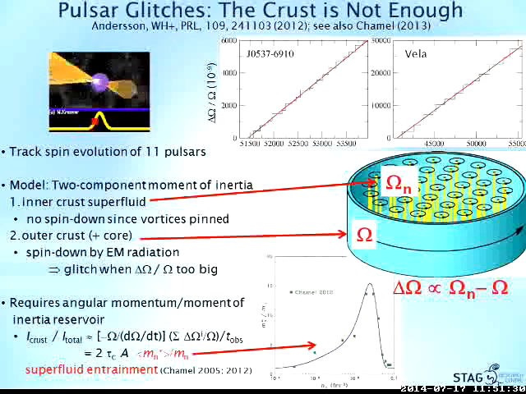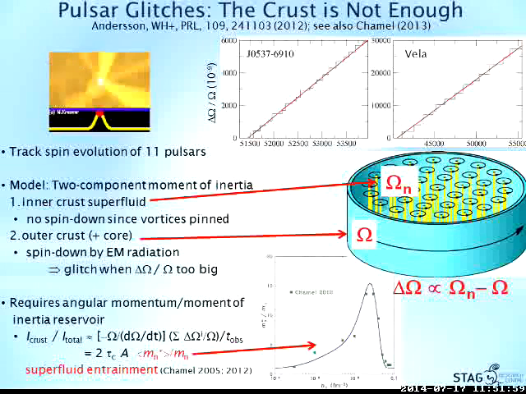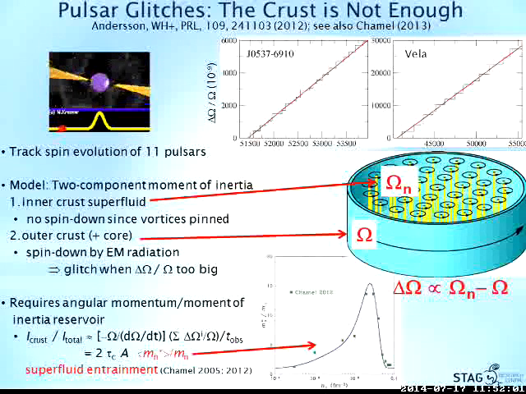The model that explains this provides one of the first pieces of evidence for superfluidity in neutron stars. The idea is that you have an inner crust superfluid that's not spinning down, because for the superfluid to change spin rate, the vortices have to move, and if it's spinning down, they have to move out. But if the vortices are pinned so that they can't move, then that superfluid is going to be rotating at a constant rate.